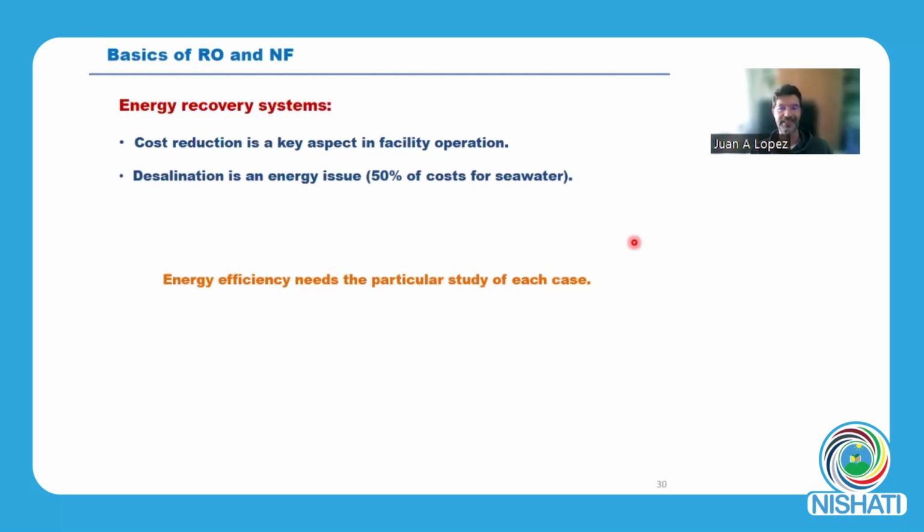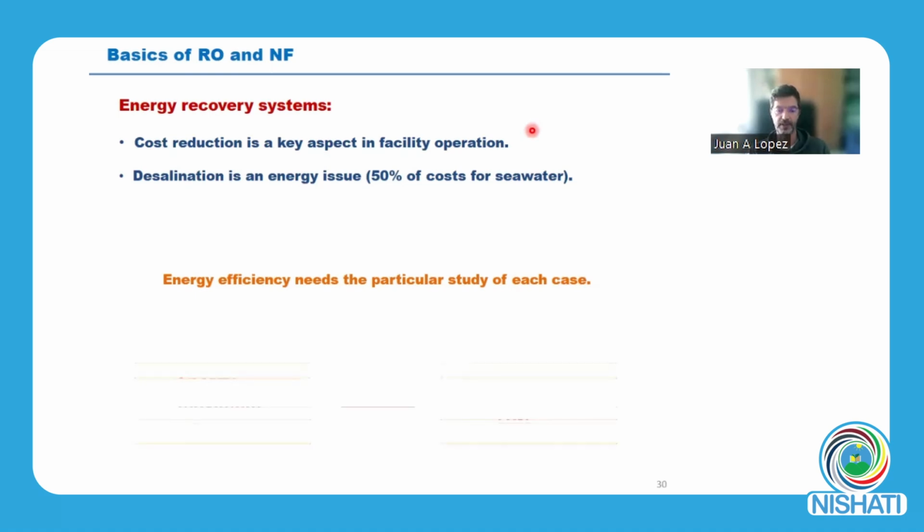Something very important. Desalination, especially for seawater, is an energy issue. More than 50% of the costs are related to the energy in the case of seawater. So energy recovery systems are a key issue for big plants because we can obtain a cost reduction during the facility operation.